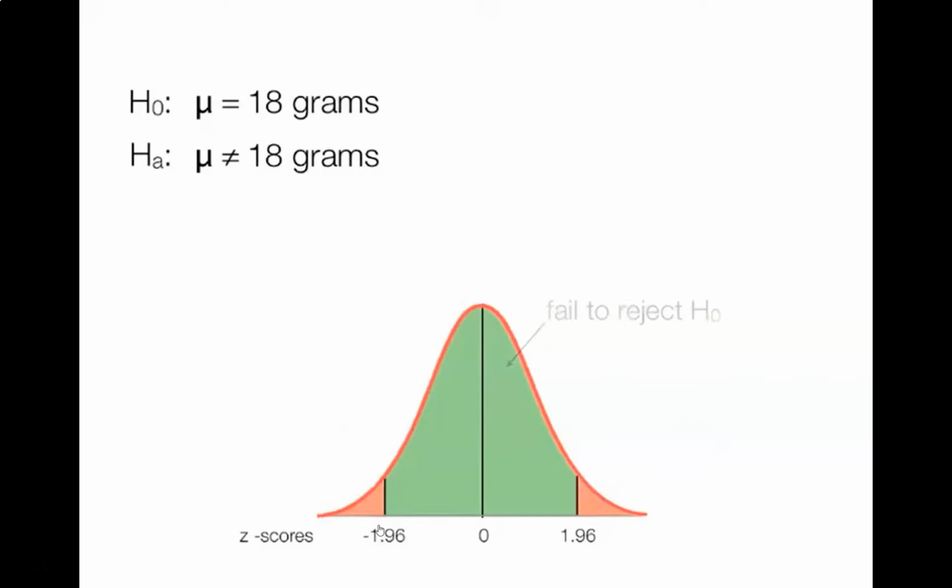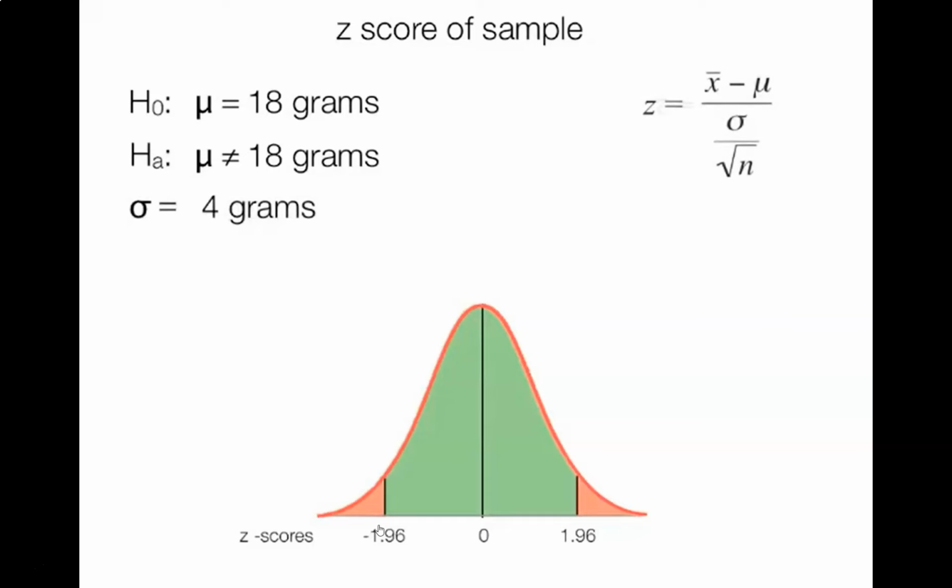Any z-score in the green area we could have obtained just by random luck, by picking some sample of smaller rat pups. Now when we calculate the z-score, we take the standard deviation of the population, and then we have the z-score formula set up on the right-hand side of the screen. The mean is 15 grams of the sample, and the sample size is 16.